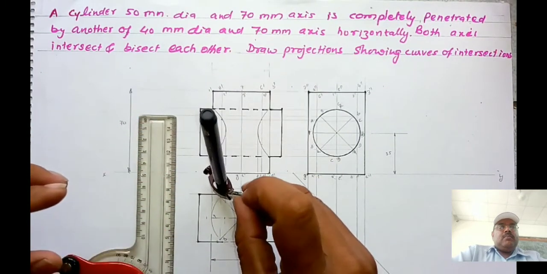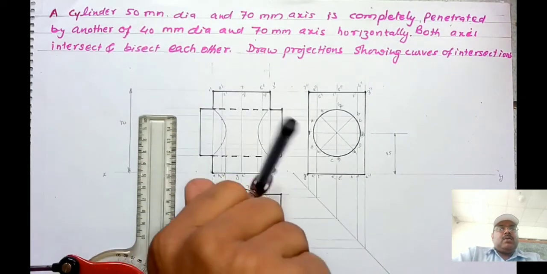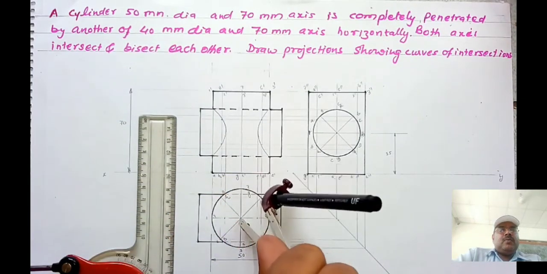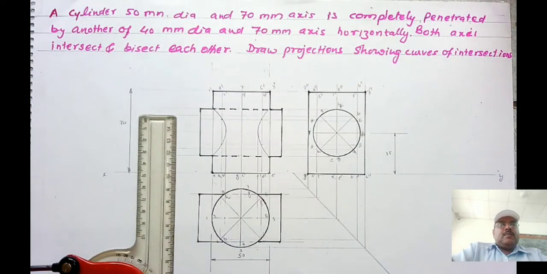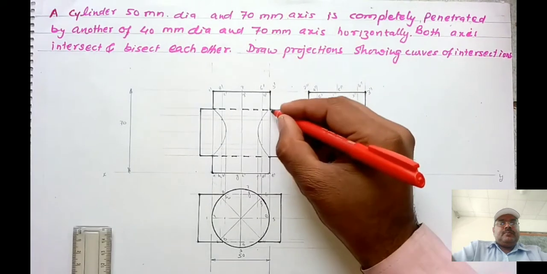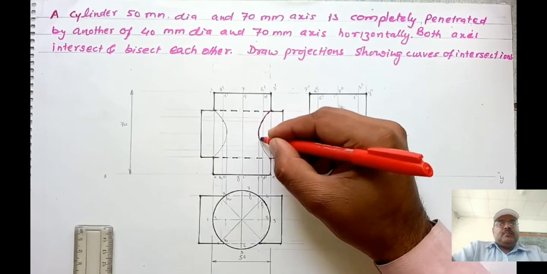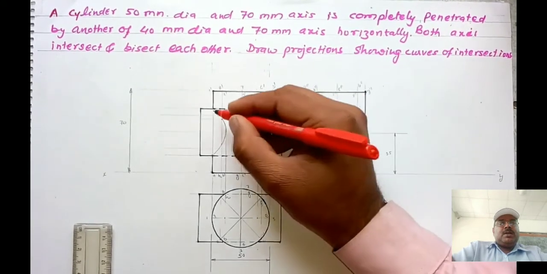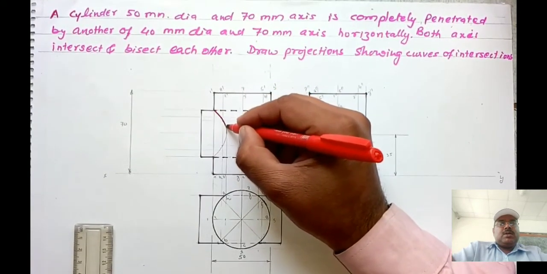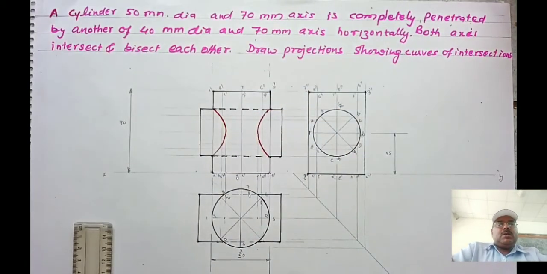Only the main lines we have to draw dark. The line of intersection is a curve, so it is called the curve of intersection.